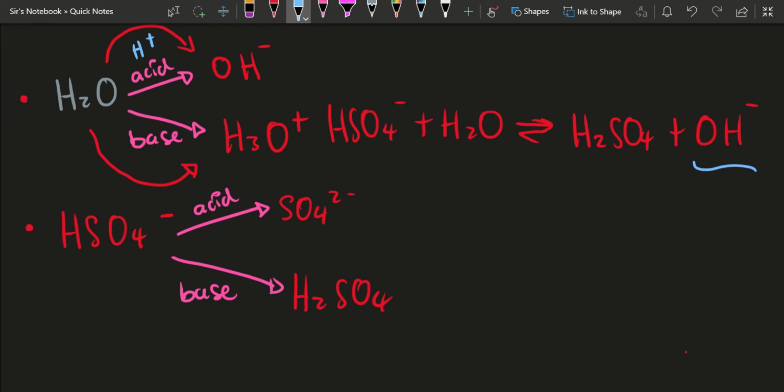Makes sense. Even in grade 11, you know the definition of a base, according to the Arrhenius theory, right? It's a substance that forms hydroxide ions when dissolved in water. So in this particular case, I have HSO4 minus, and I dissolve it in water, and what did it form? OH minus. Therefore, this could be regarded as a base.